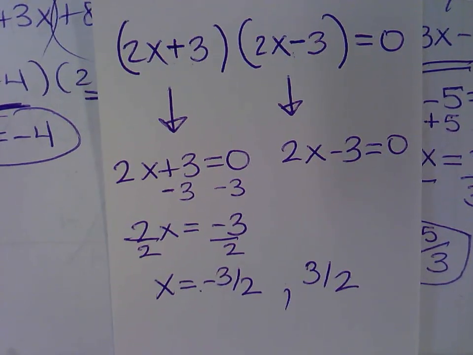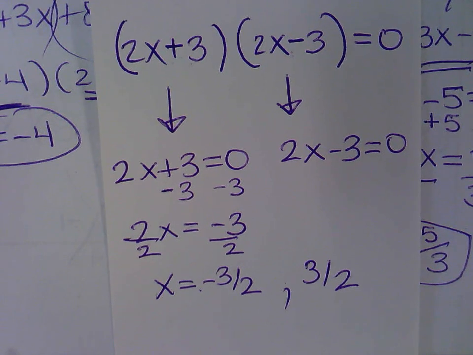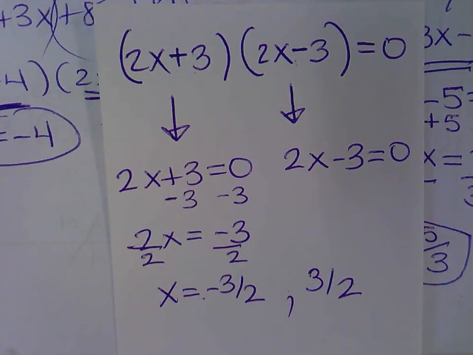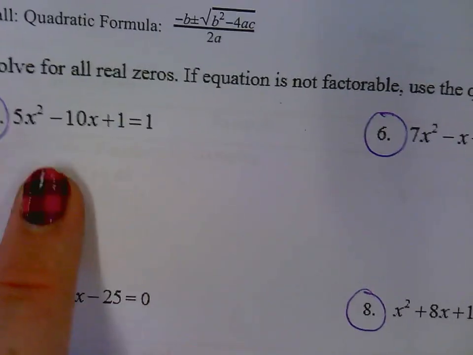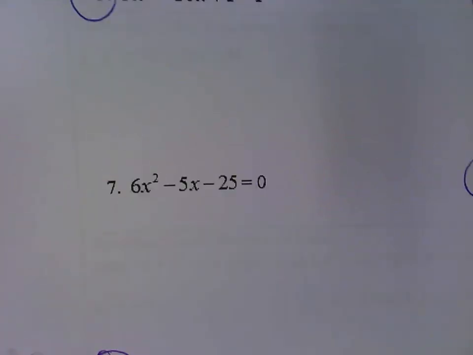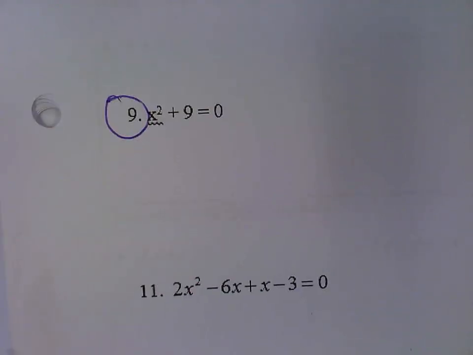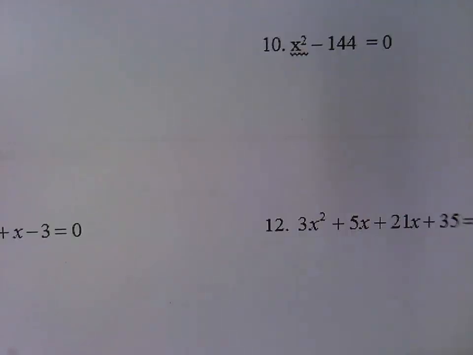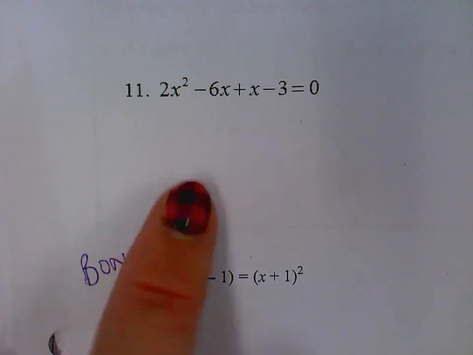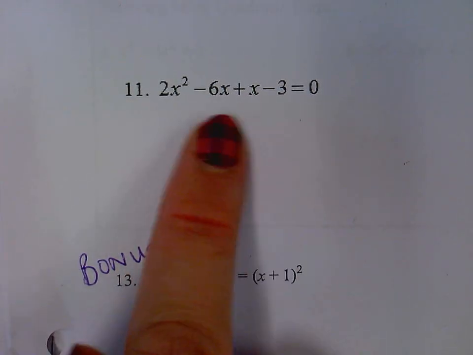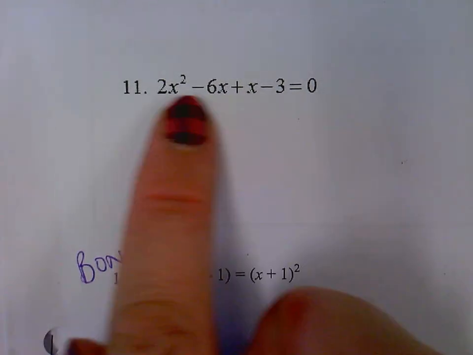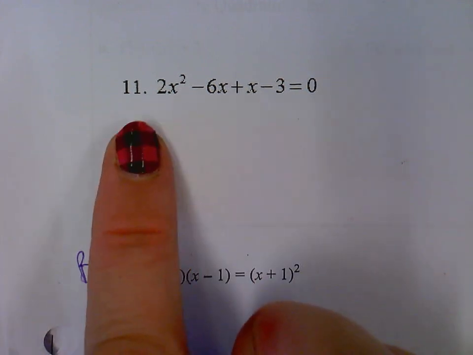So let me just pick one more problem from the back page, and I don't think I can pick the first one because I think it's prime. Why don't you try example number 11. This one's a little bit different. This one they actually wrote out with the 4 pieces for you to do grouping.